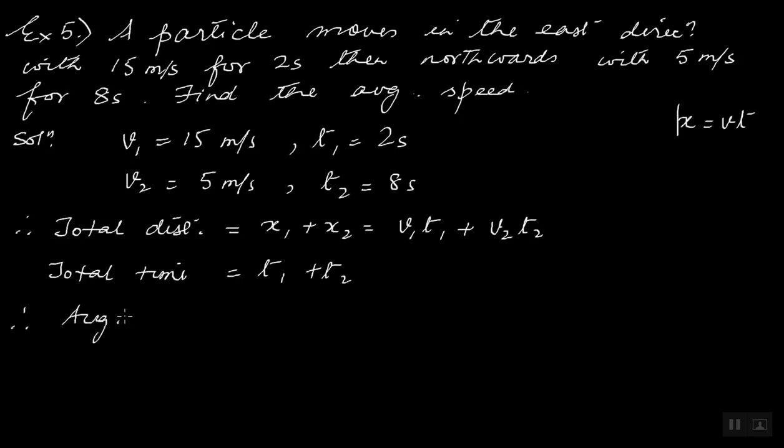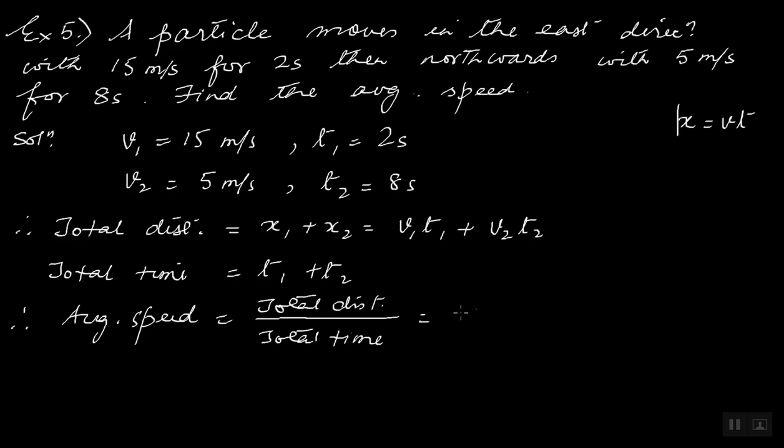So average speed is total distance, okay, let me write down the formula. Total distance by total time. Okay, so this will be v1 t1 plus v2 t2 divided by t1 plus t2.